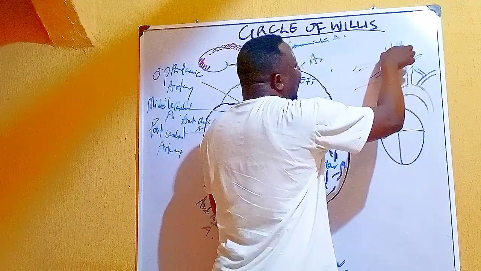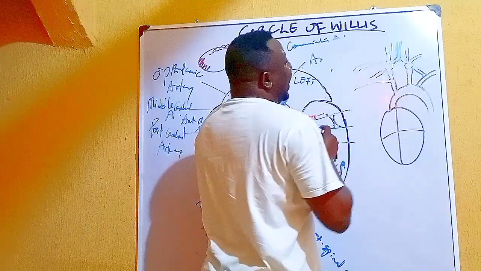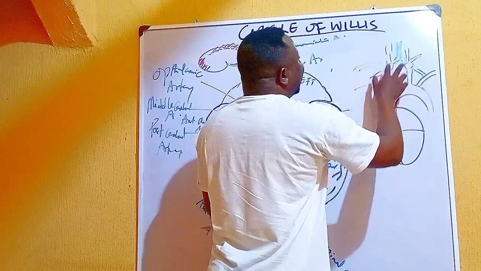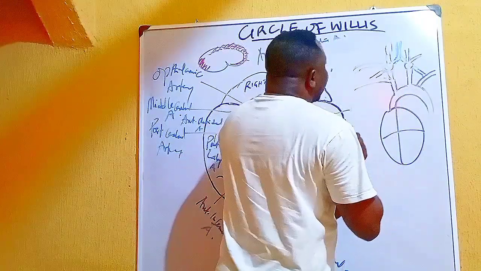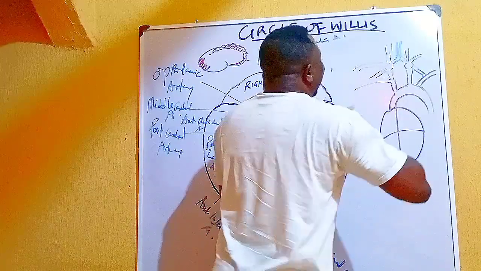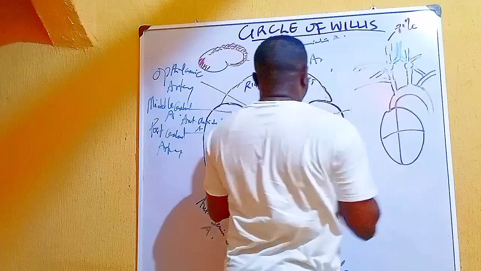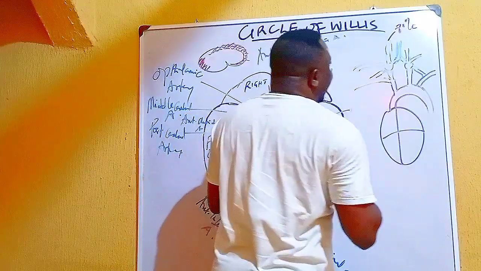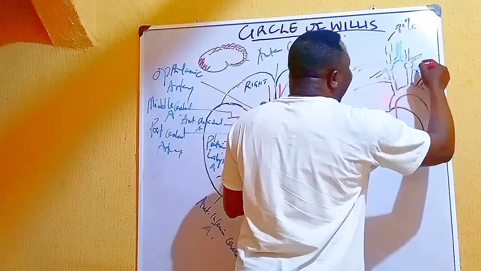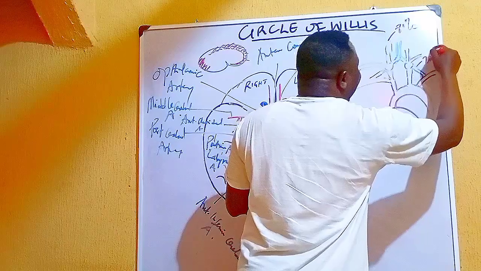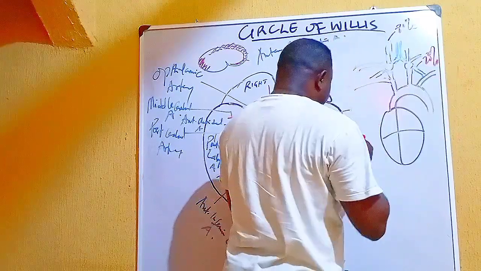So the internal carotid artery lies anteriorly, and the vertebral arteries lie posteriorly. The internal carotid artery supplies 80% of the blood that enters the brain, and the vertebral artery supplies 20% of the blood that enters the brain.